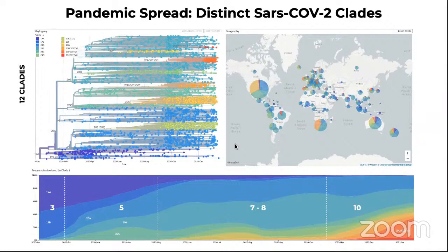For example, we know that most of these samples are collected in areas of outbreak. If there's not an outbreak, we don't have any information. A lot of the sequencing also happens around the major outbreaks. So we do expect this data to be informative, but some of the questions could be limited. But some information is already emerging that is going to be very interesting for us to look at today.